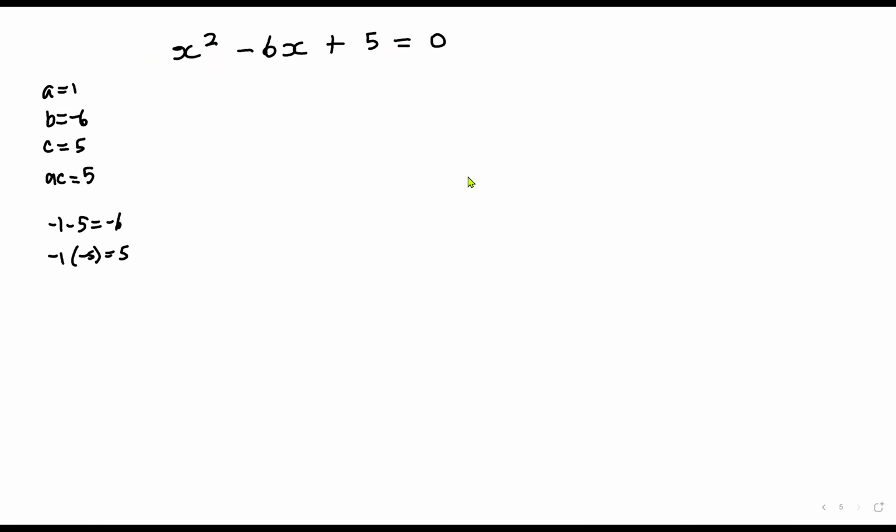In this one it's easy because a is 1 and c is 5, which makes ac a prime number. So it literally only has two factors. Then you would rewrite this quadratic, replacing bx with the two factors that you chose.